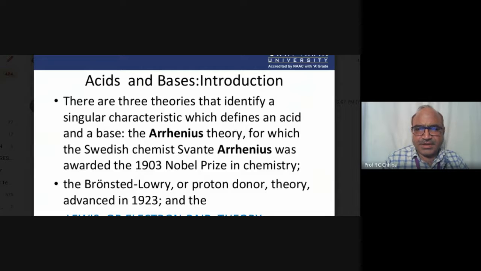That is the Arrhenius theory, given by the Swedish chemist Arrhenius. This was given in the 19th century, during the period of new concepts and ideas. At that moment, the development of atomic structure was not clear, at the time of Arrhenius.